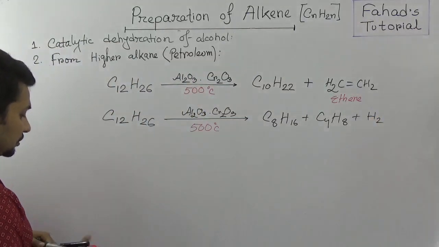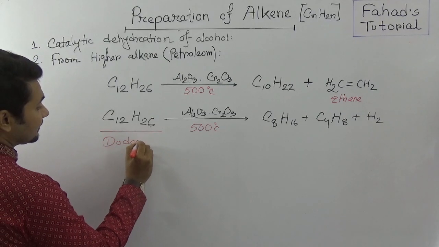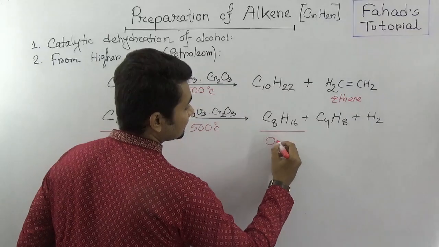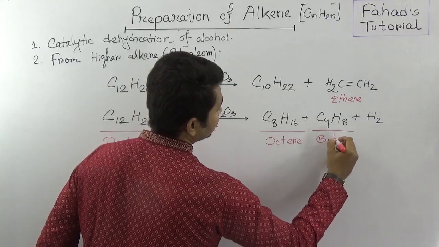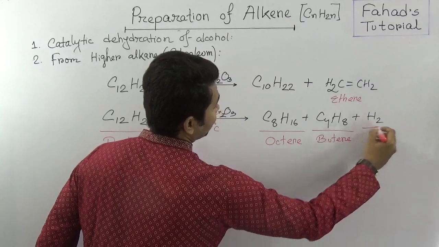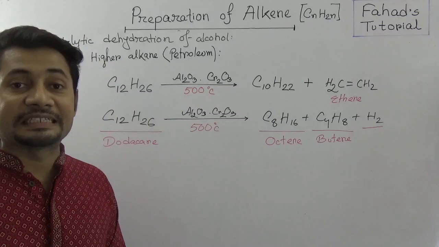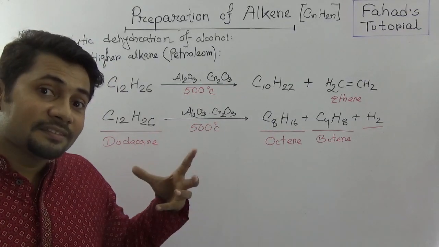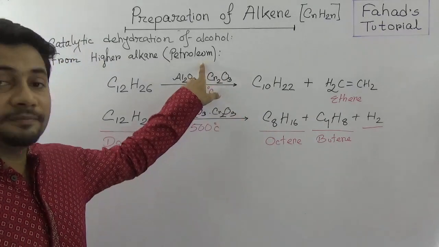So from dodecane you are having octene. You see, this is octene and this is butene and hydrogen. So we are getting alkene from the higher alkane, which is the production of fractional distillation of petroleum.